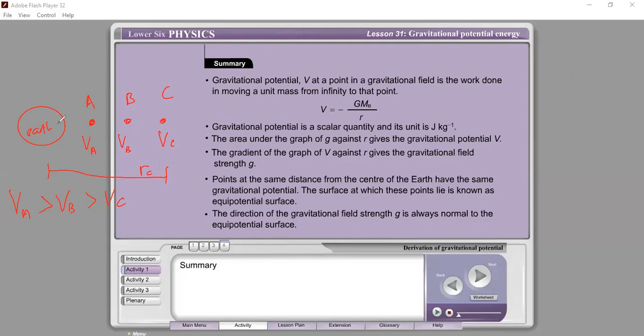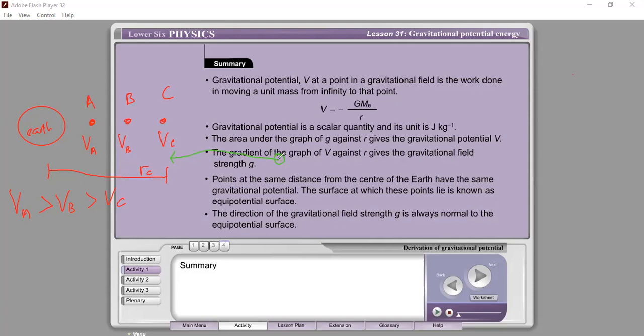So VA, VB, VC each have a different value of gravitational potential. What is meant by VC? VC means that if I want to put an object at point C, what is the energy needed?